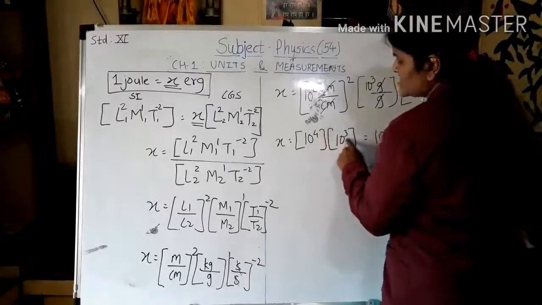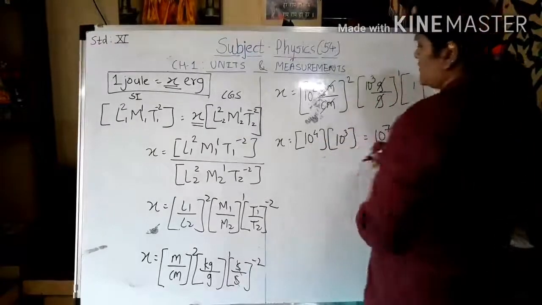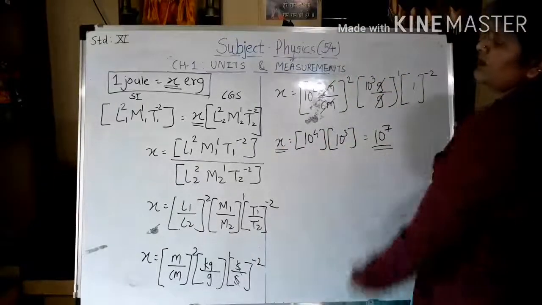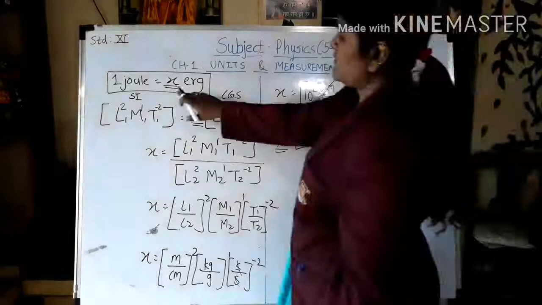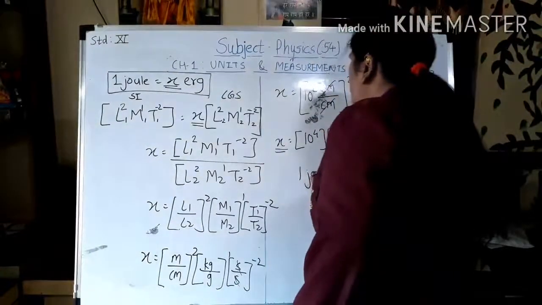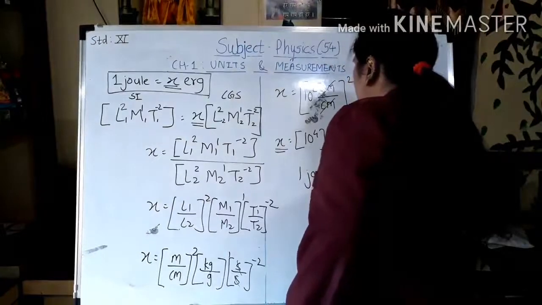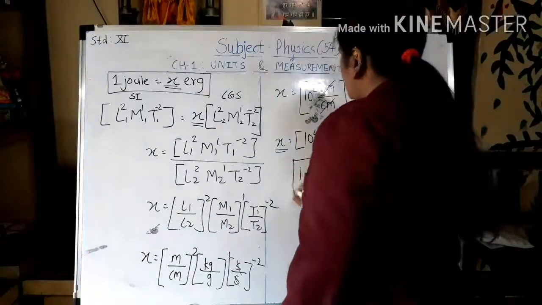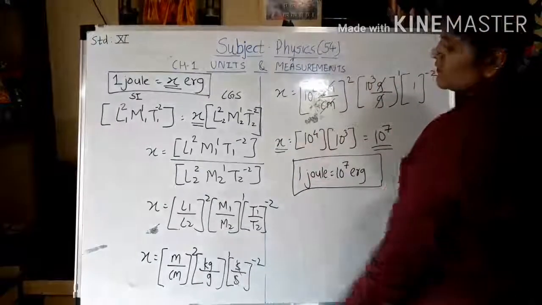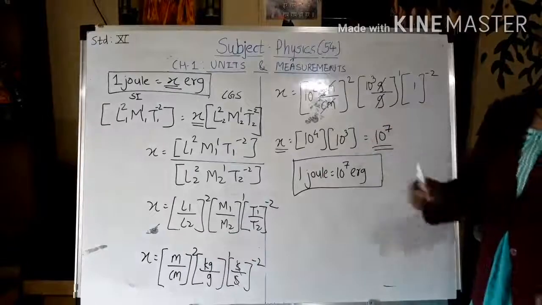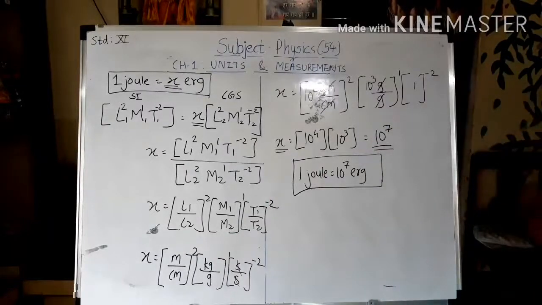So 4 plus 3 will be 7. So I got the conversion factor as 10 to the power 7. So I can write this as 1 joule is nothing but 10 to the power 7 erg. Just have a look once so that you get the idea.